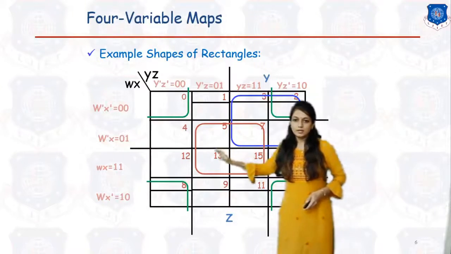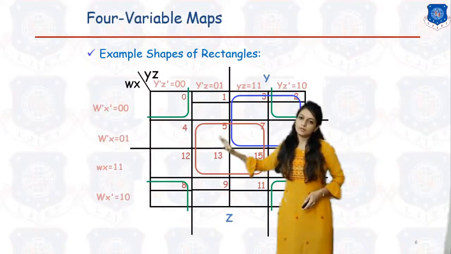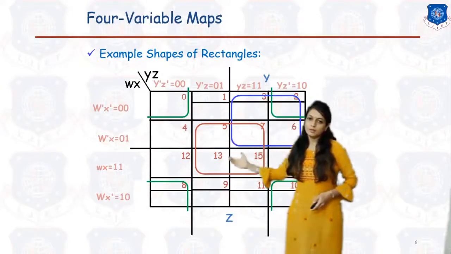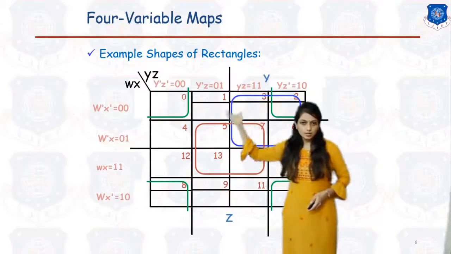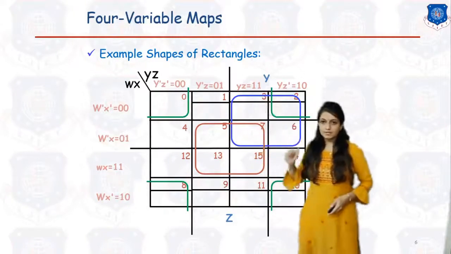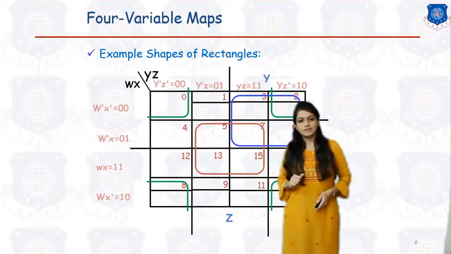First see row wise. What is common? Common term is X. Column wise, common term is Z. Alright.